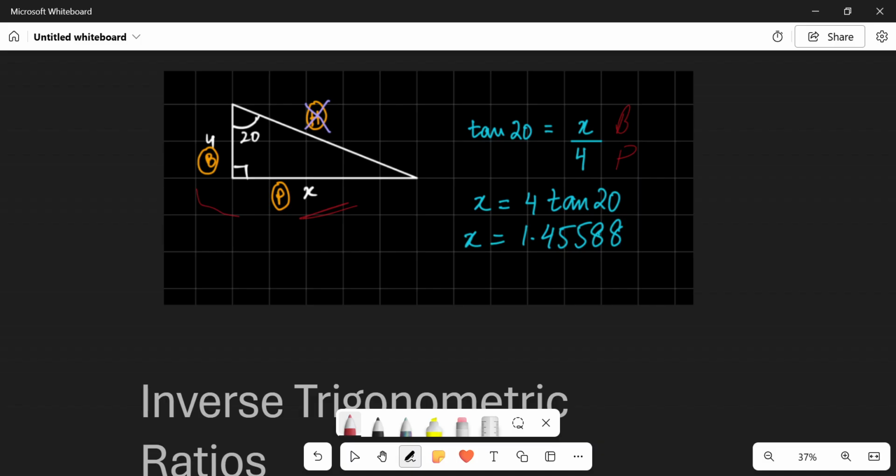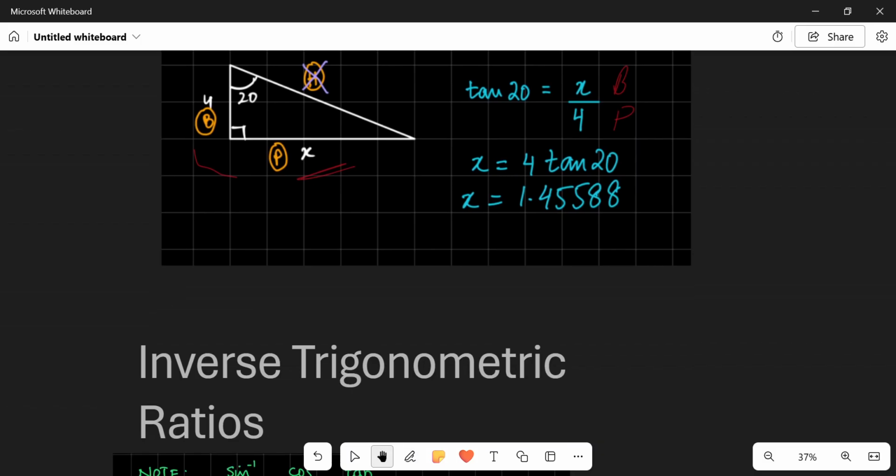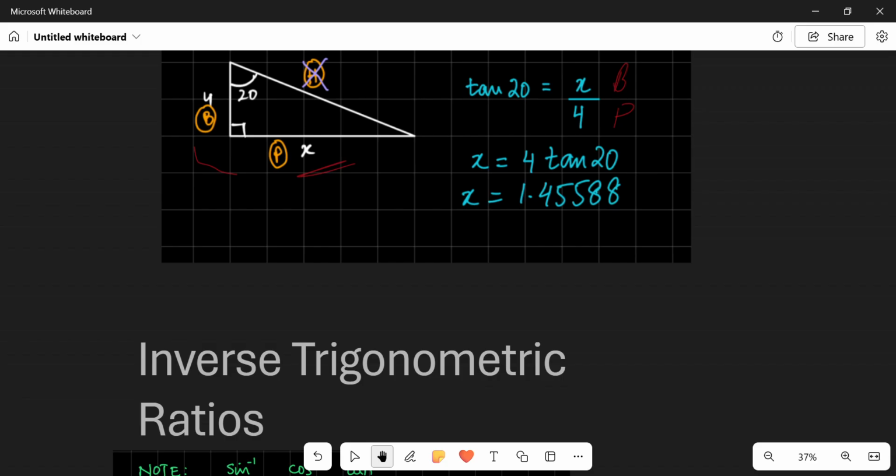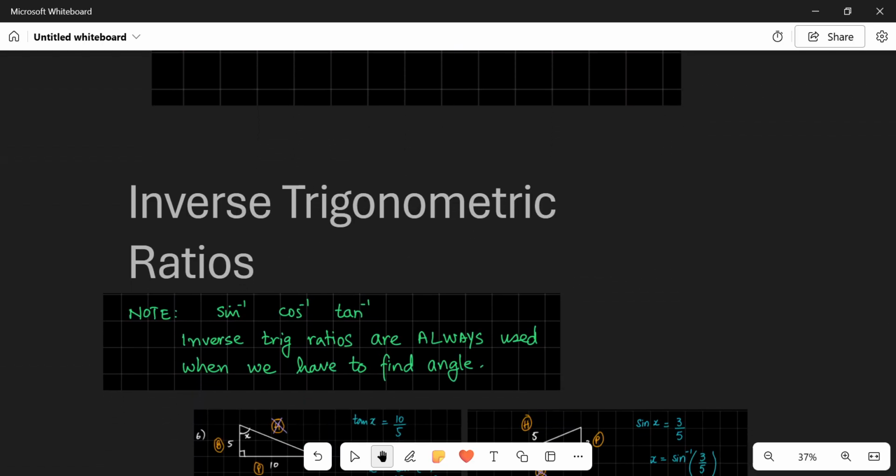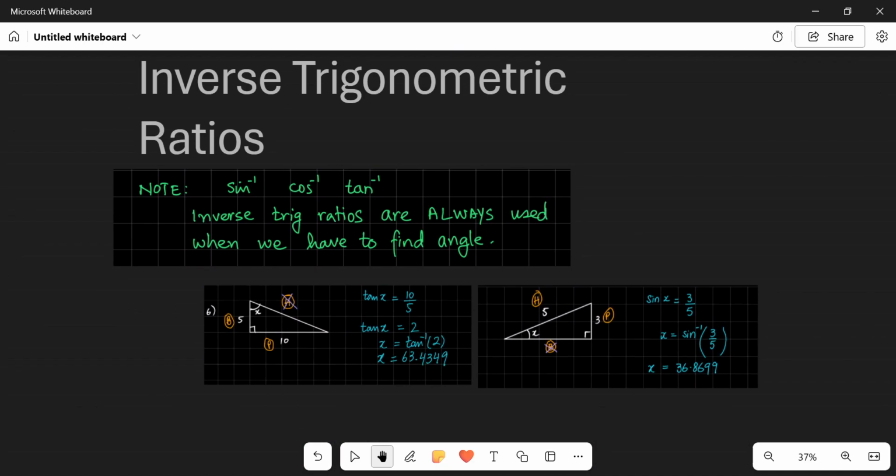Okay, now another question. The examples that we have discussed so far are trigonometric ratios, right? But this one is inverse trigonometric ratios. So how are you going to find the inverse trigonometric ratios? In the previous examples we found the measurement of the length.